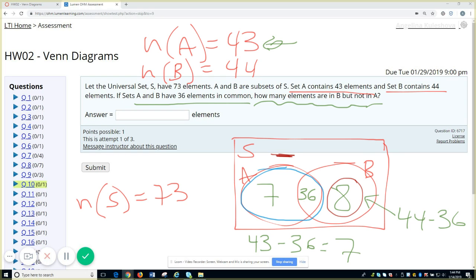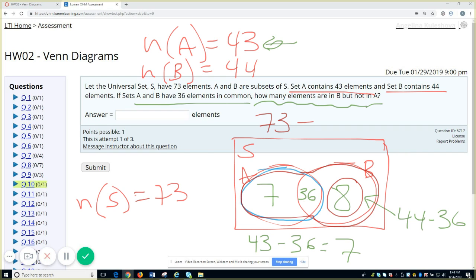Now sometimes the question might ask you to figure out how many elements are neither in A nor B. That would be the number of elements outside of the two circles. To find that number, you would go back to the total number in the universal set, 73, and subtract the number of distinct elements in A or B, which would be 7 plus 36 plus 8.